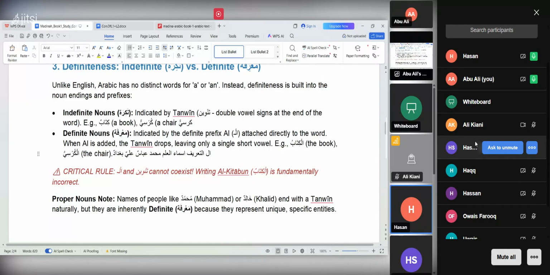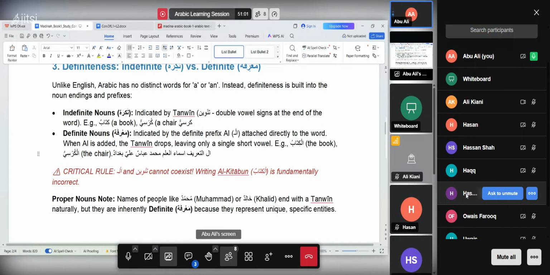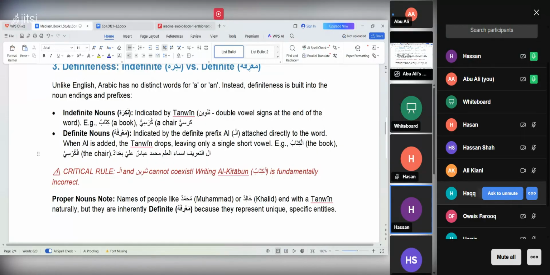Now, definite nouns. Technically, we learned today two ways of making something definite. What's the first way of making something definite?